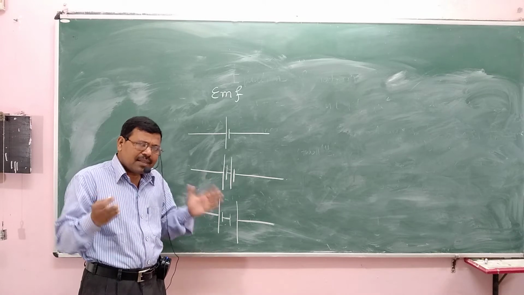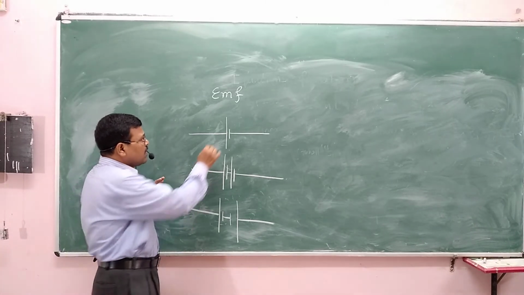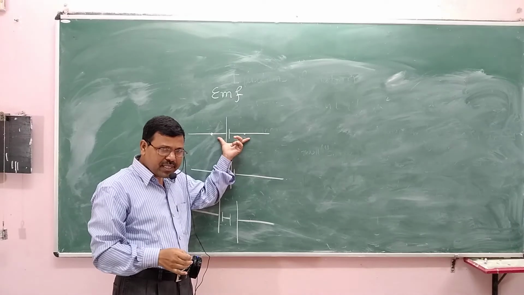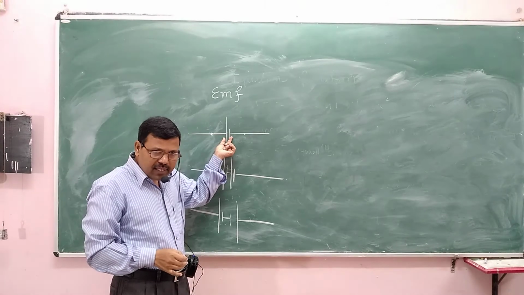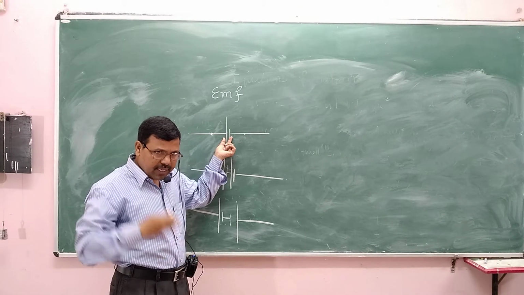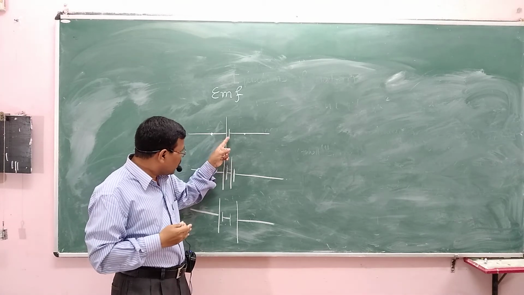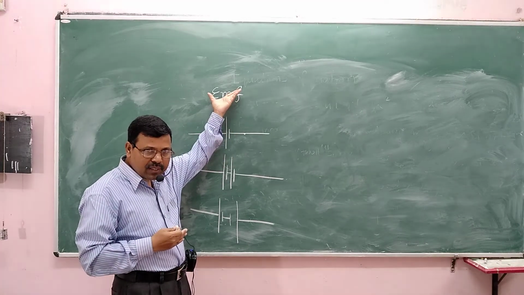Okay, let us try to define what is EMF. It is the difference in potentials between the two terminals of a cell when no current is drawn from the cell. I repeat, it is the difference in potentials between the two terminals of a cell when no current is drawn from the cell.